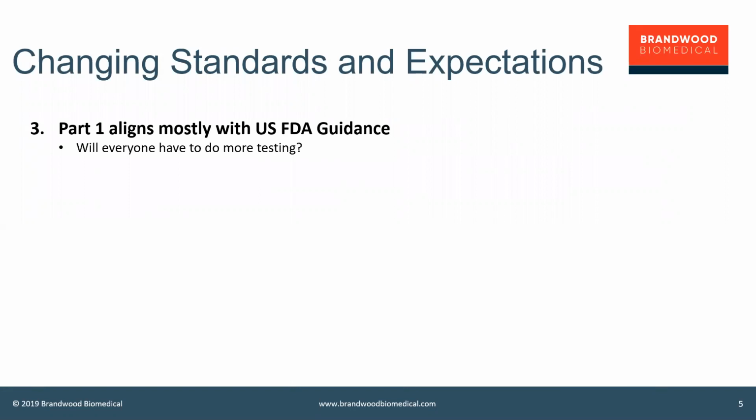The challenge with Table A1 is it has in the past been used as a checklist for doing tests. The perhaps naive user would go straight to table A1, say, oh yes, my device is externally contacting for a certain period of time. That means I need to do these tests, and then go and commission a lab to do a set of tests, and that was it. That's not how the standard's meant to be used.